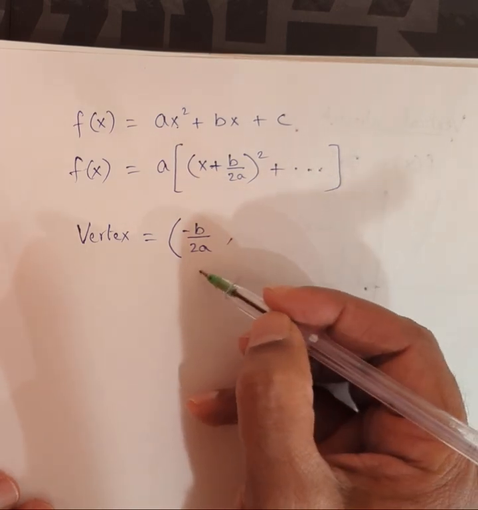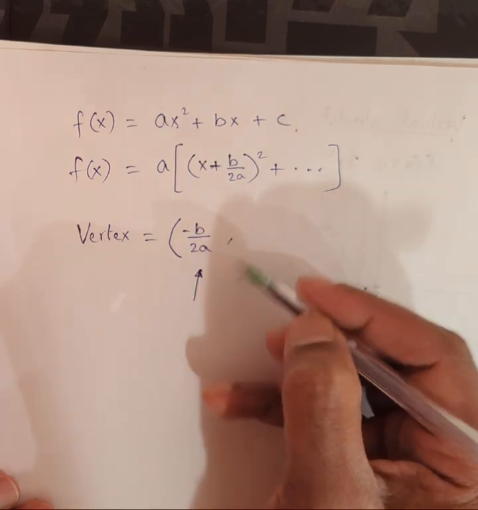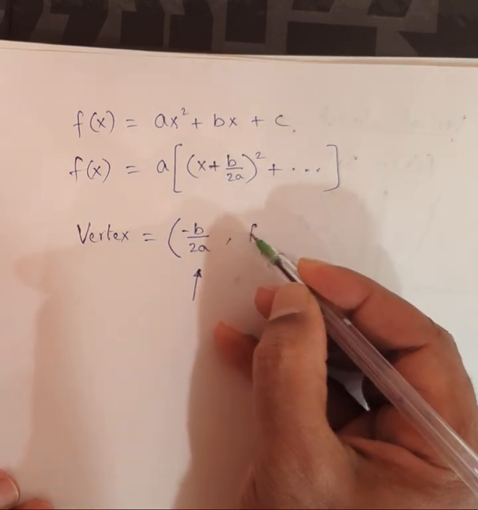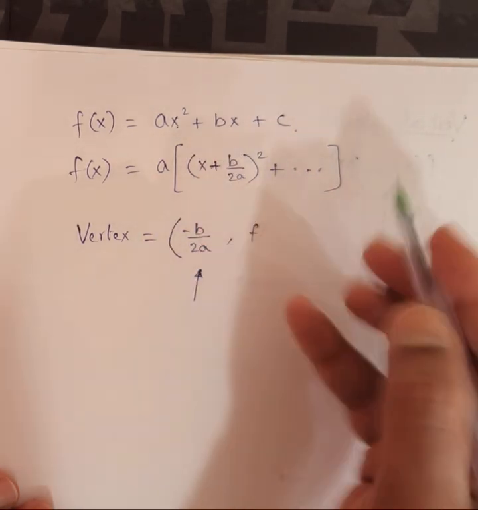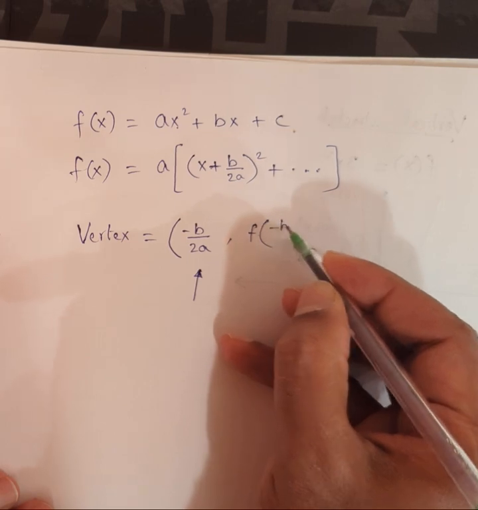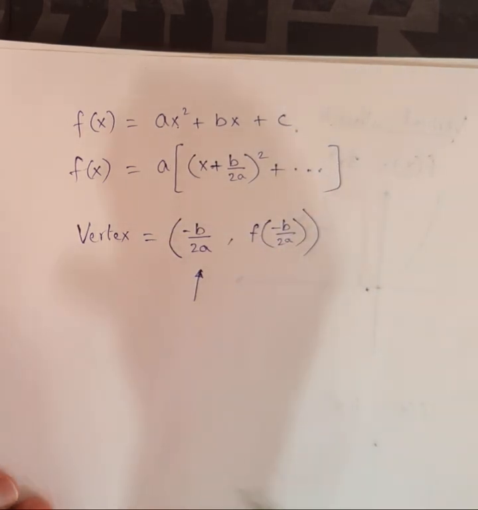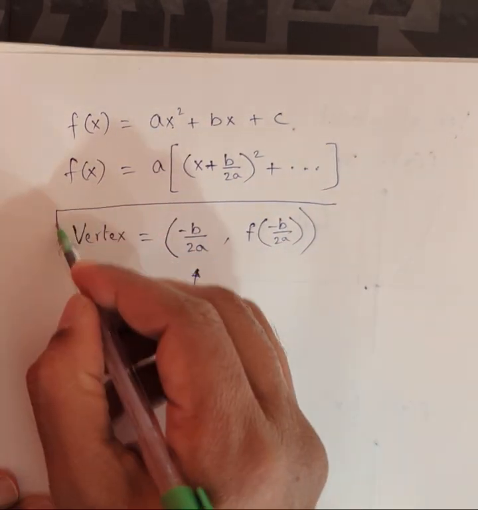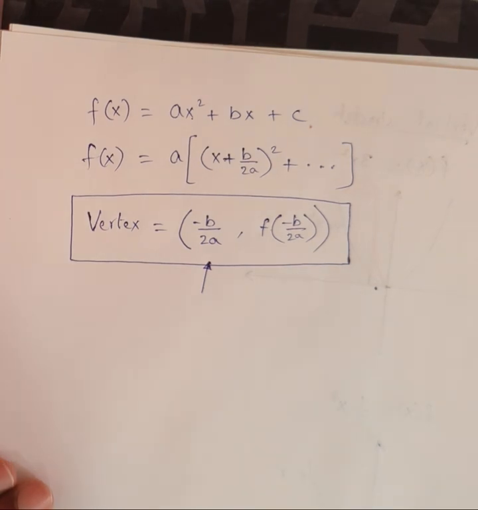I only need to know that the x coordinate happens to be negative b over 2a. And how do I get the y coordinate? Well, I can plug it into the original function. So in the standard form, that's how you can get the vertex of a quadratic function.